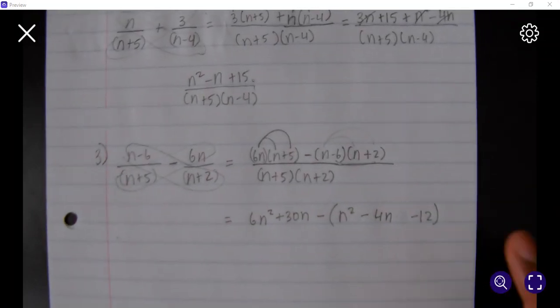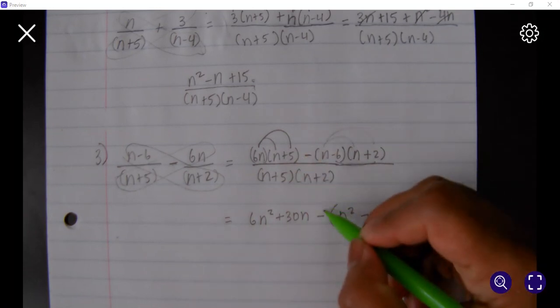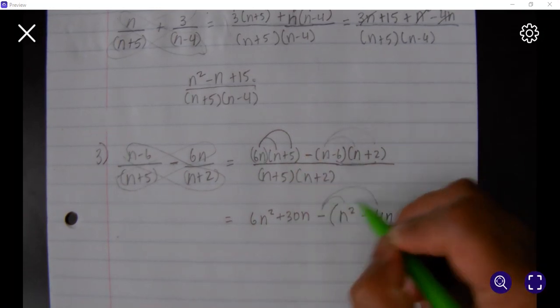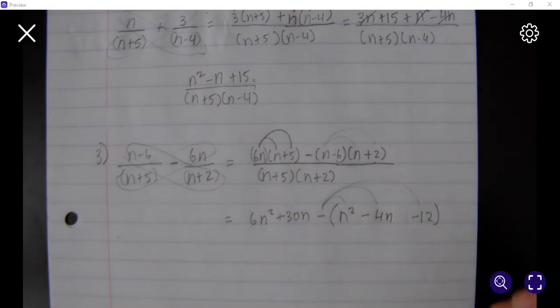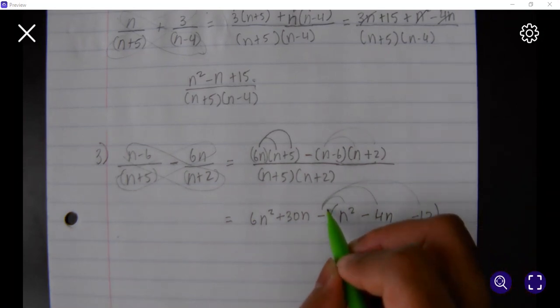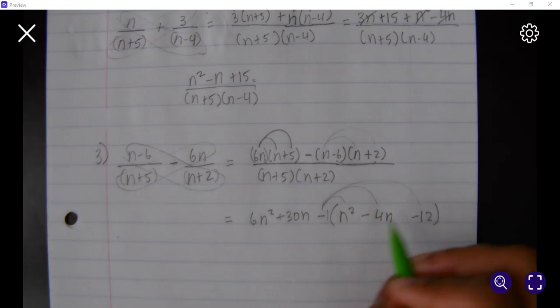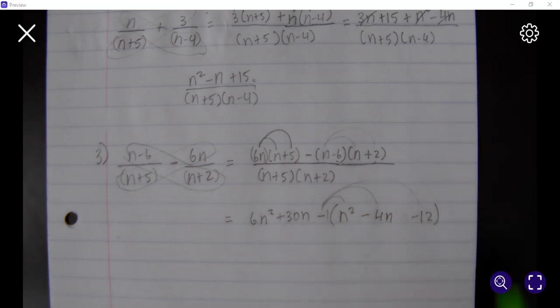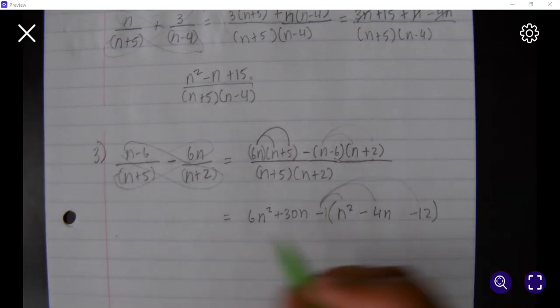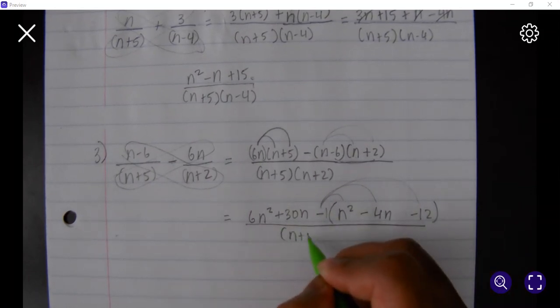Okay, now the reason I put it in parentheses right here is because of this negative. Now this negative needs to be distributed to everything before I can combine your like terms. Okay, so here it's basically like having negative 1 here. So whenever you're distributing a negative 1 or a negative sign, it just changes all the signs inside of your parentheses. Okay, and don't forget this still had a denominator here, so let me go ahead and bring that down.